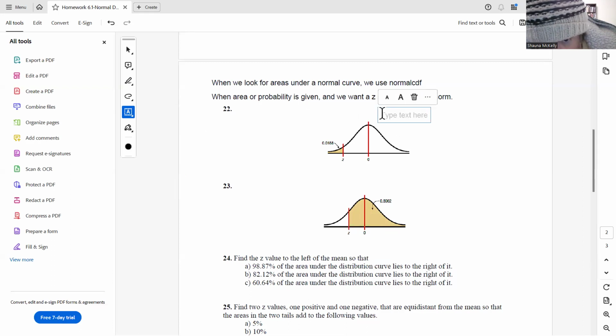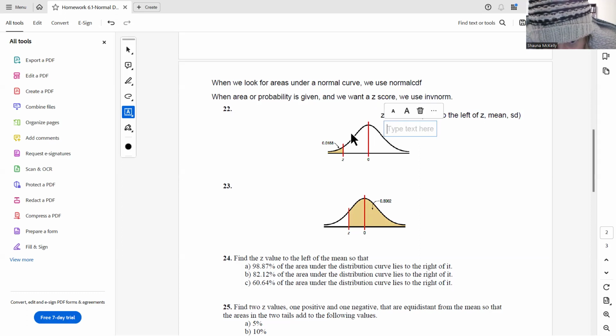for this one on top, my format is z is equal to inverse norm, and the format is area to the left of z, mean, and standard deviation. That's the format for your calculator, okay?